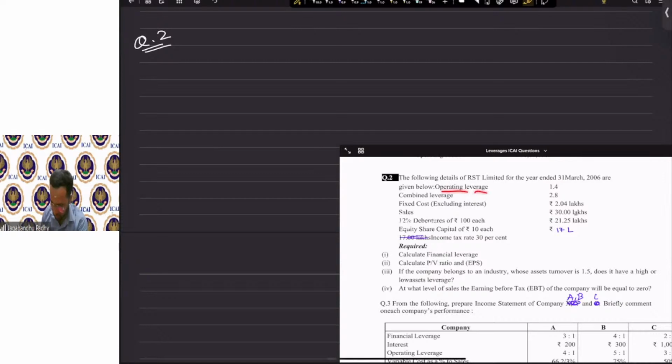Operating leverage is 1.4, combined leverage is 2.8, fixed cost excluding interest is 2.04, sales is 30 lakhs, 12% debentures is 21.25 lakhs, equity shares of 17 lakhs. Calculate the financial leverage, the PV ratio and EPS. If a company belongs to an industry whose assets turnover is 1.5, does it have a high or low assets leverage? At what level of sales will earnings before tax of the company be equal to 0?